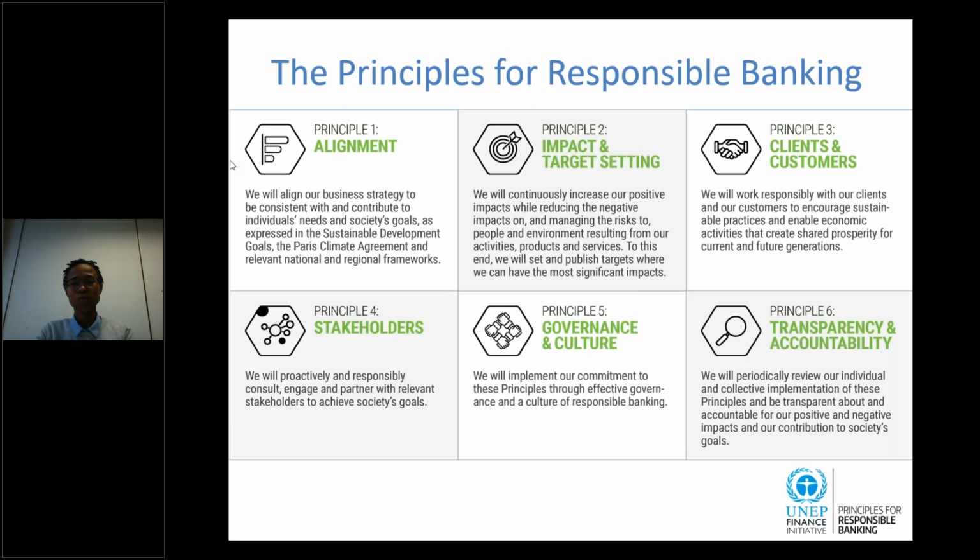So principle 3, and as you will see a little further, principle number 4, imply that a signatory bank needs to have a proactive behavior towards our clients and, as you will see in principle number 4, with stakeholders. We will be proactive, raising awareness of what our strategy is, raising awareness of the possibilities of developing new products or services that align and that contribute to different societies' goals.